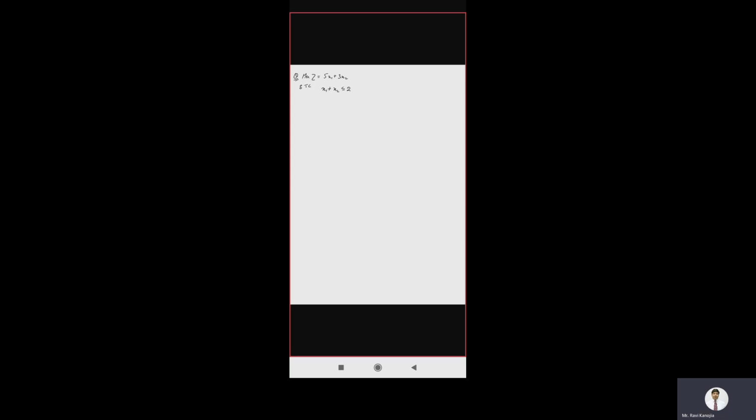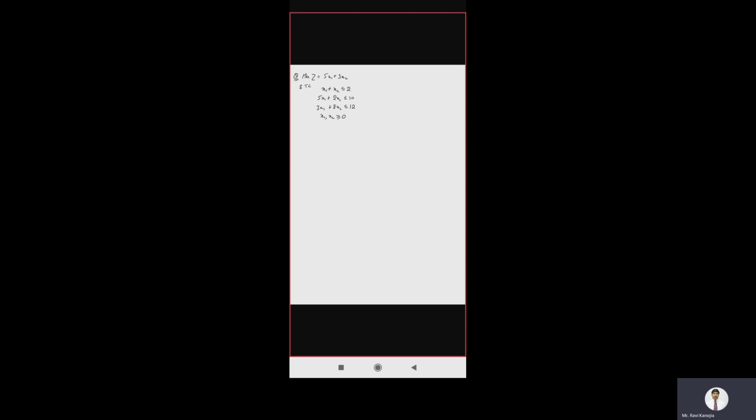Then the next constraint, 5x1 plus 2x2 less than or equal to 10. Then 3x1 plus 8x2 less than or equal to 12, with non-negative variables.